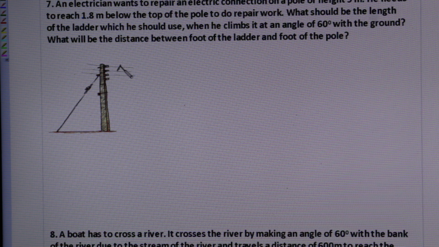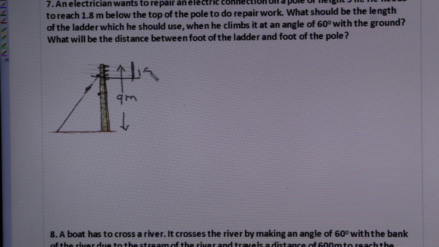The height of the pole is 9 meters. He needs to reach 1.8 meters below. That means he has to reach up to this mark. This height is 1.8 meters below the top of the pole.